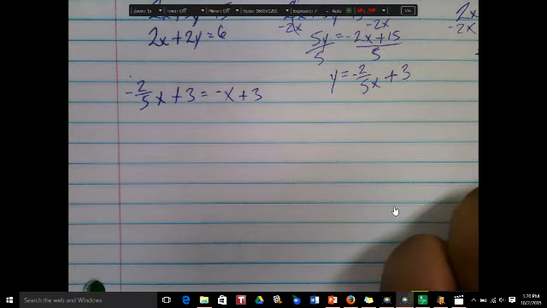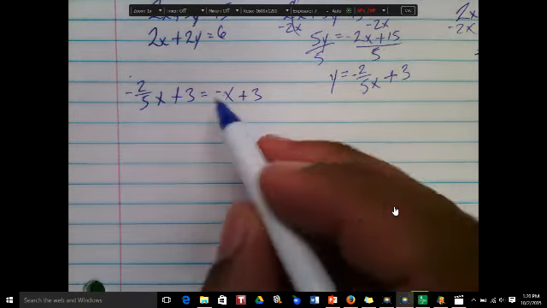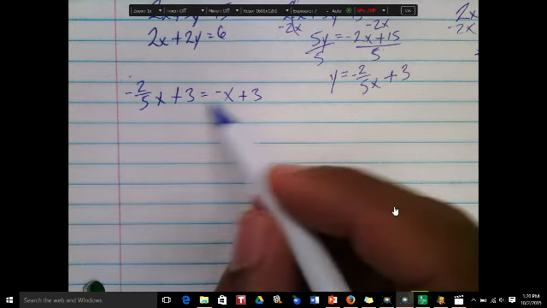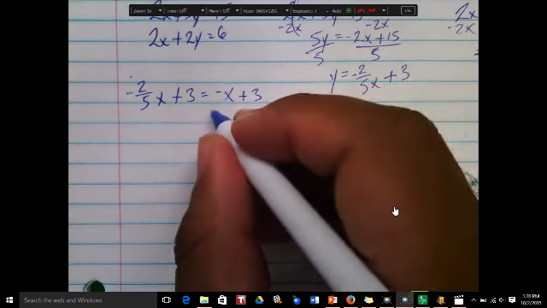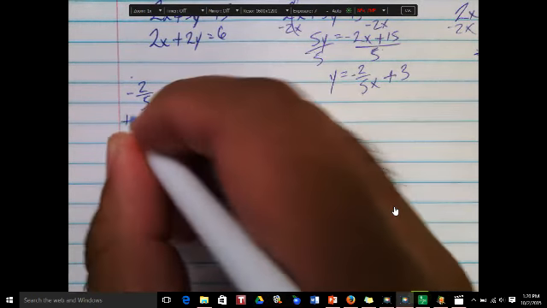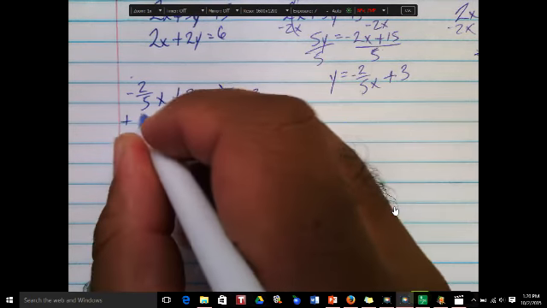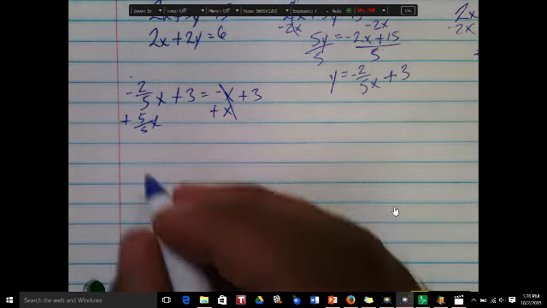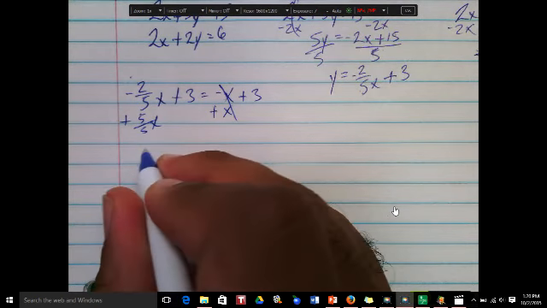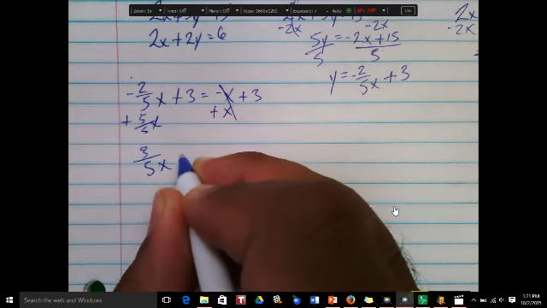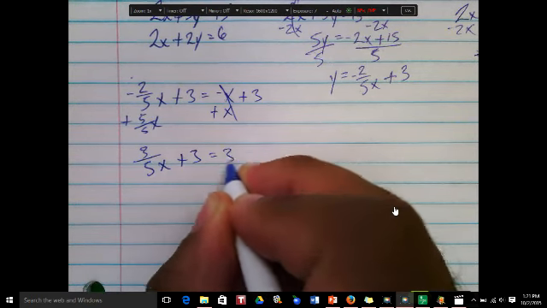All right, so after that we're going to combine these. Let's collect the x's on one side of the equation, so plus x. That would be the same as 5/5 x, and that will give us 3/5 x plus 3 equals 3.